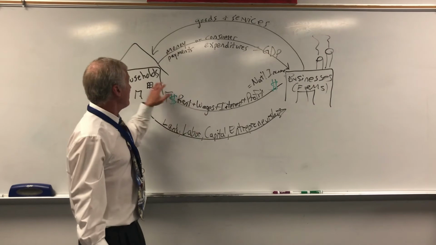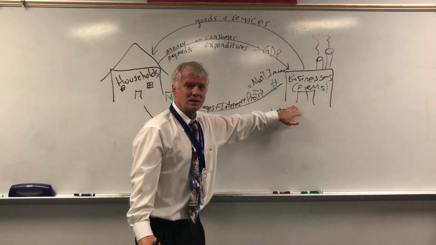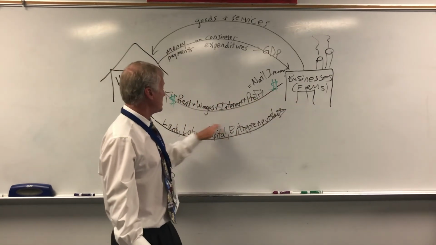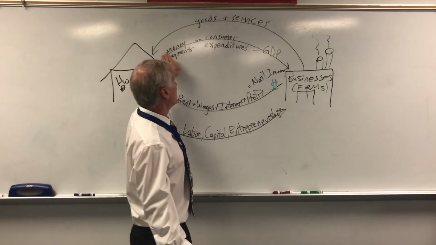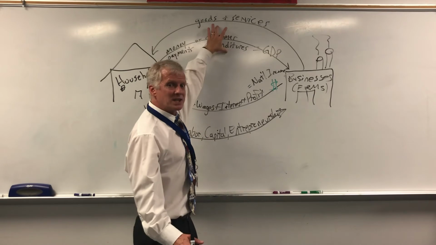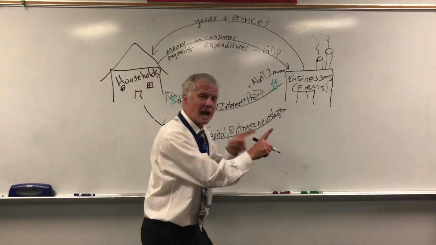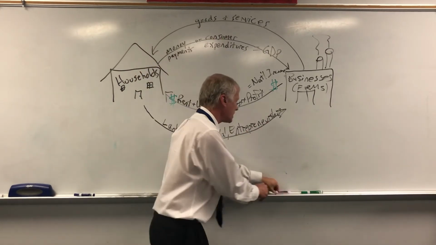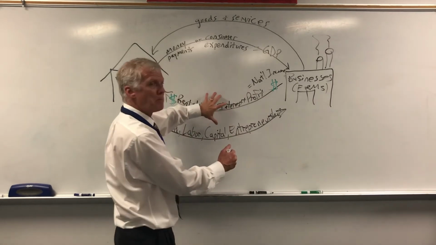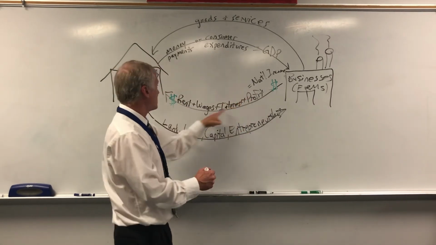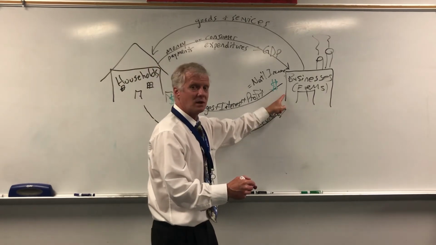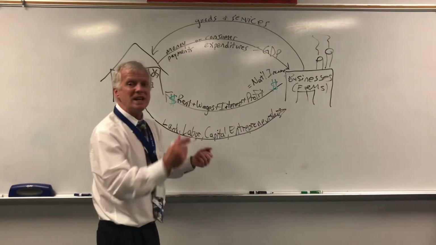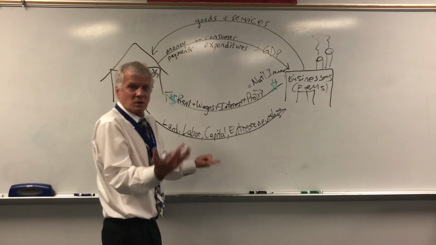So we have two sectors, households and businesses, that exchange resources for income and exchange goods and services for money. So the places where they exchange, where they interact, we call those markets. So this whole area in the bottom half, where these resources, which are owned by the households, are sold to the businesses, is called the resource market.